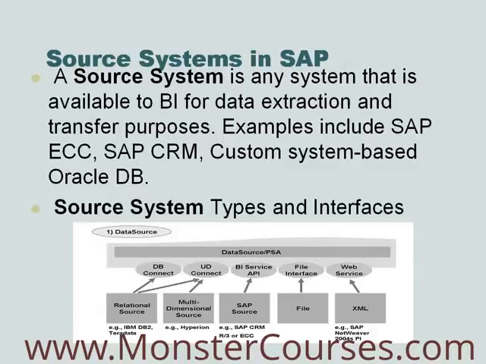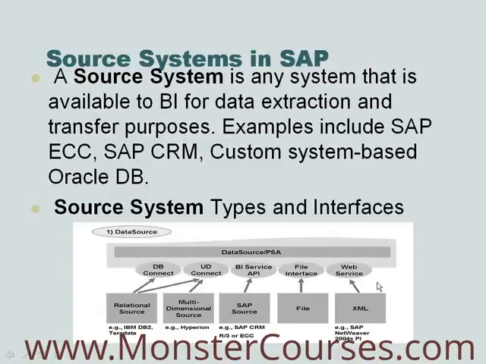When you want to access multi-dimensional source data, like Hyperion, we use UD Connect. To access SAP ECC or CRM data, we use SAP source. To access data from a flat file, we use file interface. To access data from XML, we use web services, like that.